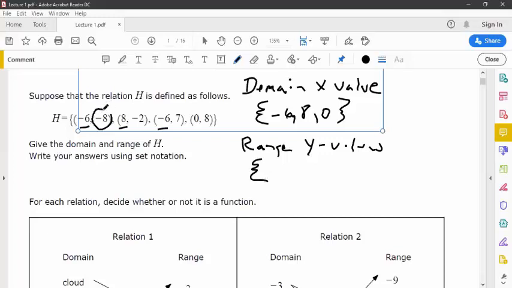So we'd have -8, -2, 7, and 8. So again, our x values would be our domain, and our y values would be our range.